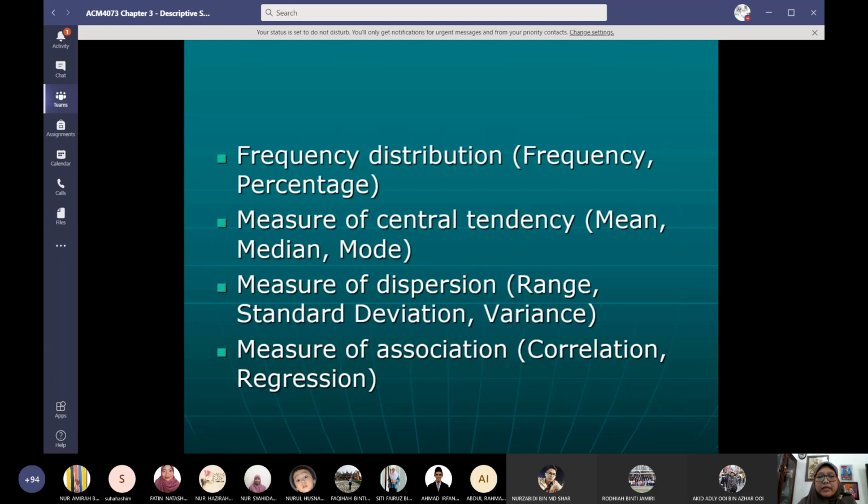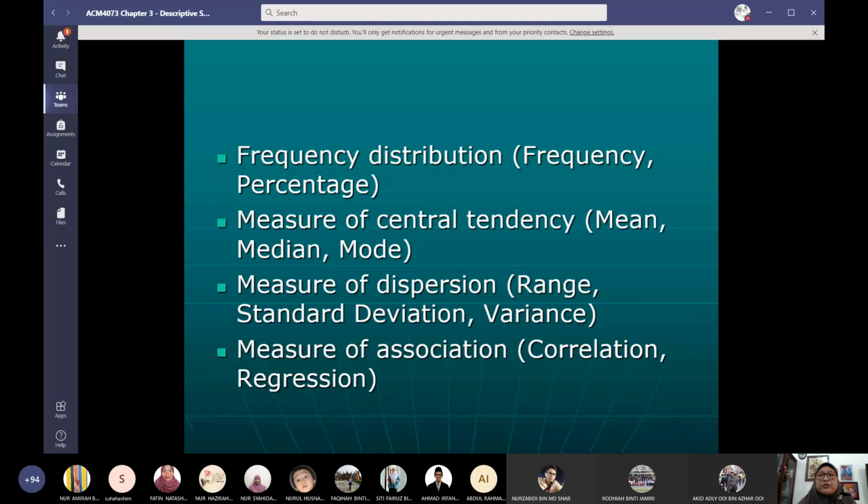I will explain to you what are they. Number 3, measure of dispersion. We look at range, standard deviation, and variance. And lastly, measure of association, which involves correlation, regression, ANOVA, MANOVA, yeah, even t-test.